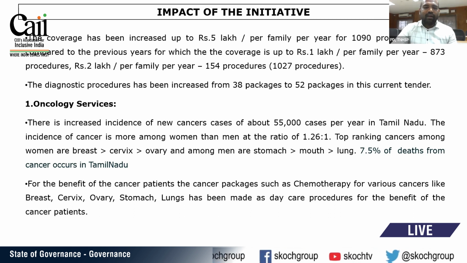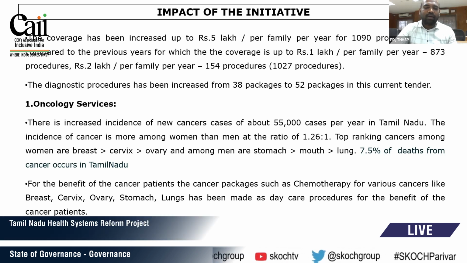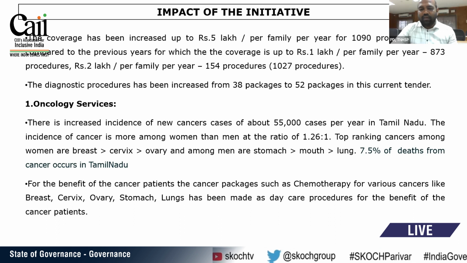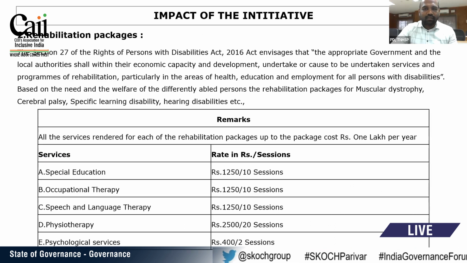The top ranking cancers among women are breast cancer, cervical cancer, and ovarian cancer, and among men are stomach, mouth, and lung cancer, which account for 7.5% of the deaths from cancer in Tamil Nadu. So for the benefit of cancer patients, chemotherapy packages for daycare procedures are included in the new tender.